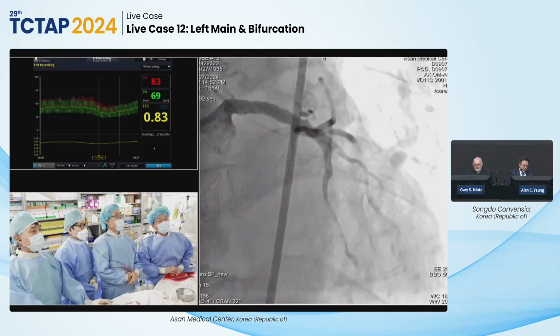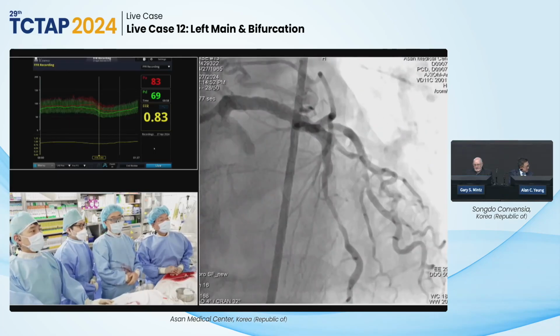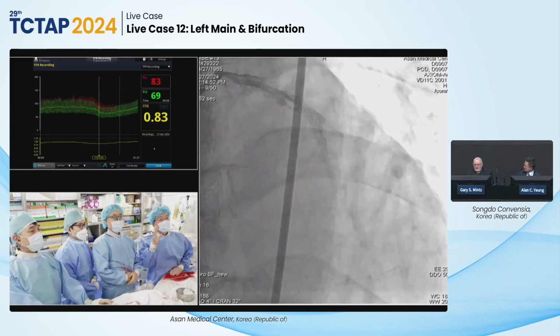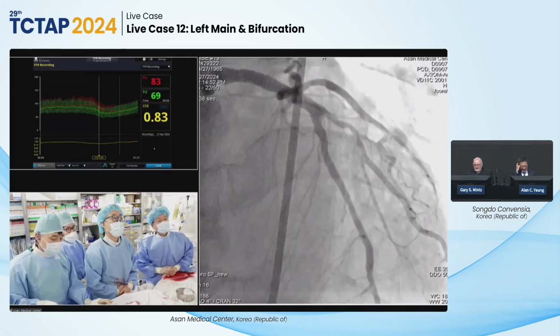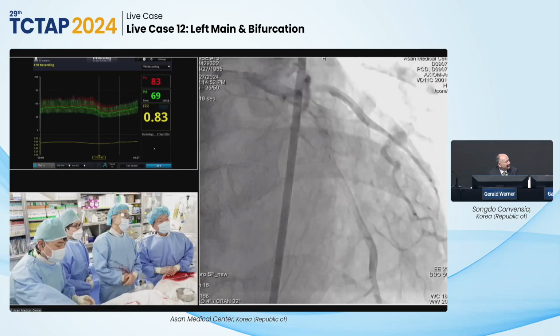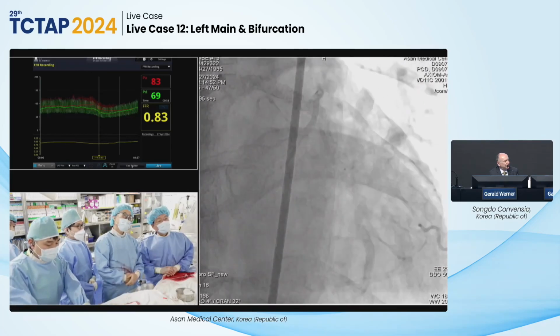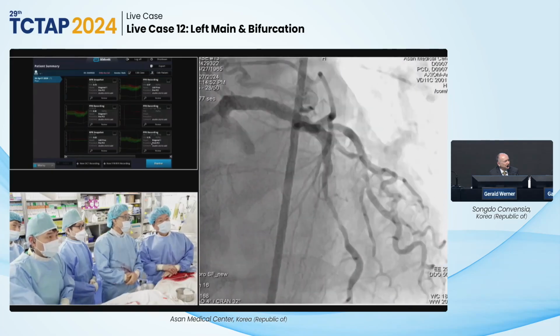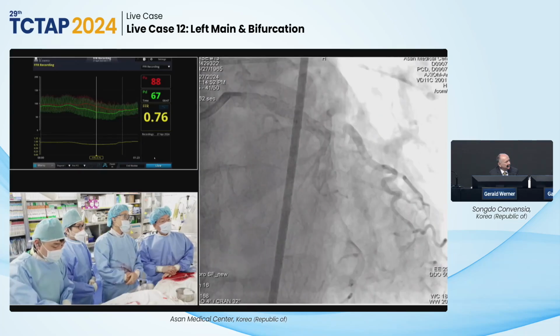Should we go through the strut, open up the strut, and fix the diagonal? No? Anybody? Medical therapy. Why do you do the FFR? The first diagonal is a significant branch that we know. And probably you will not have any problems with the ostium because this vessel is big, the stent is well expanded.